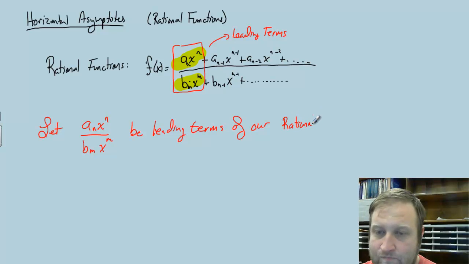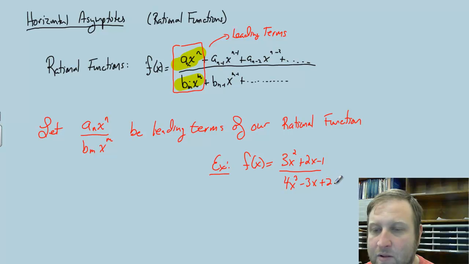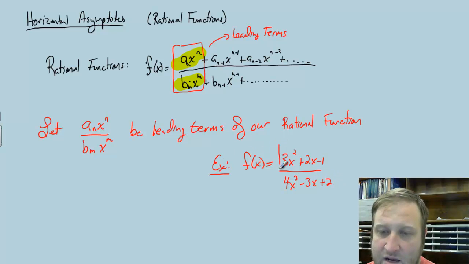I like to always give an example of what I'm discussing here. So I could say that we have a function f of x equal to 3x squared plus 2x minus 1 all over 4x cubed minus 3x plus 2. What we care about here are the leading terms.